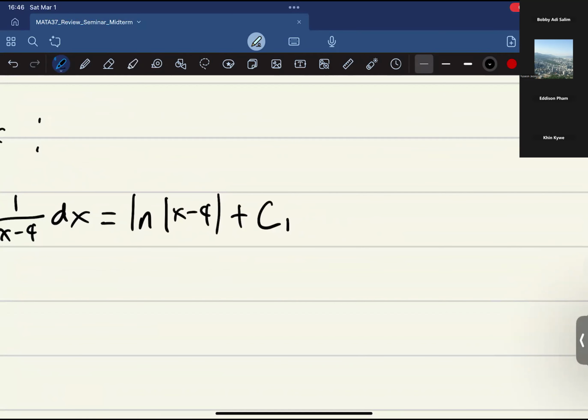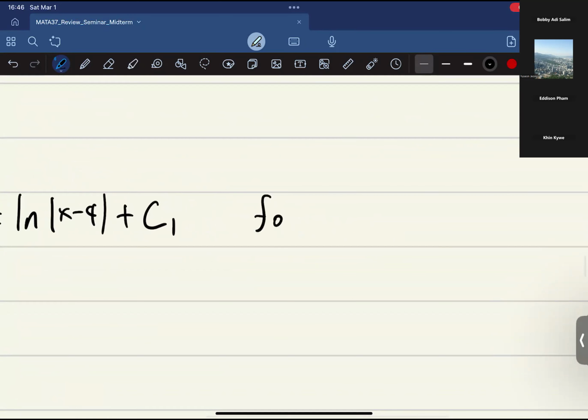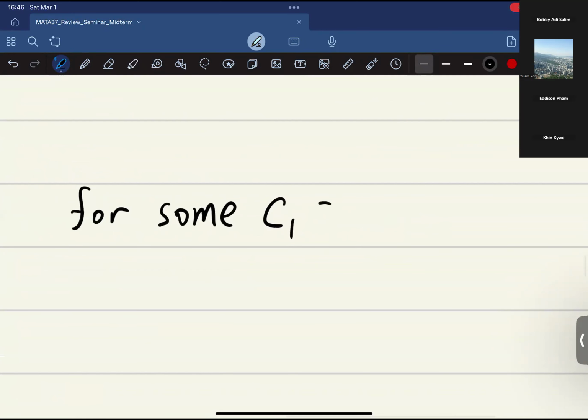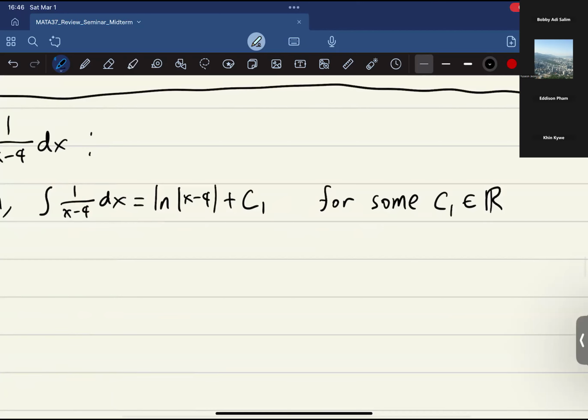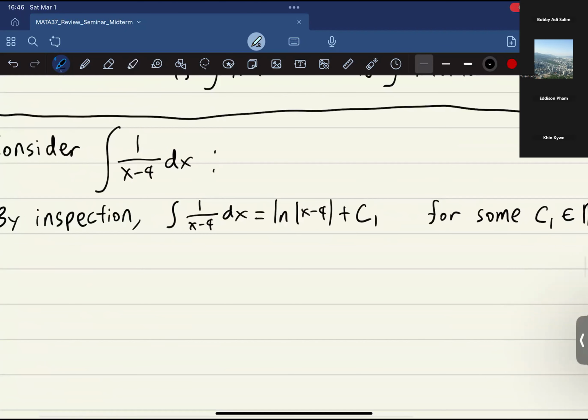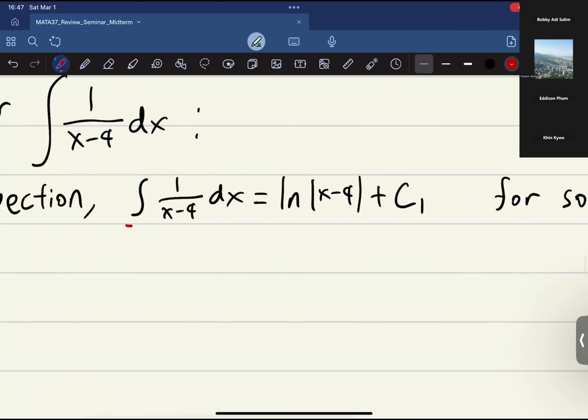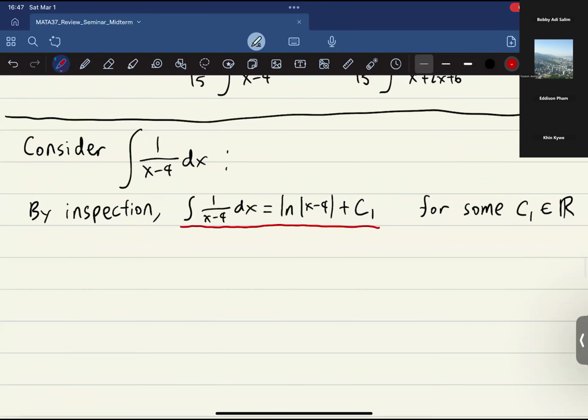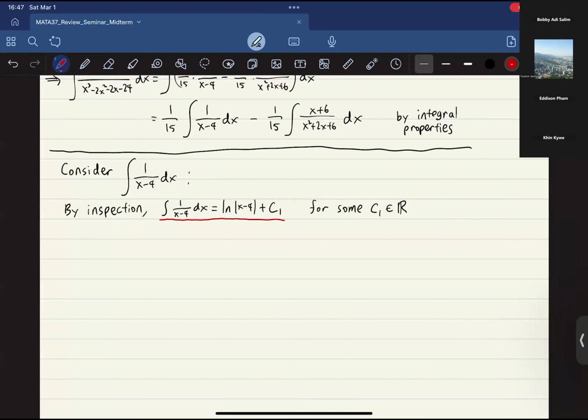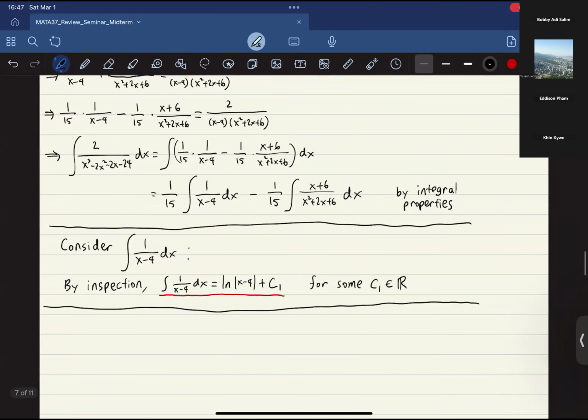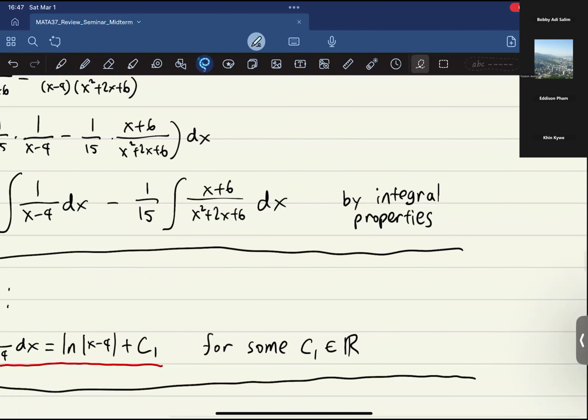I'll label this C1 for some real number C1. So this is our first integral. And next, we'll consider this integral right here.